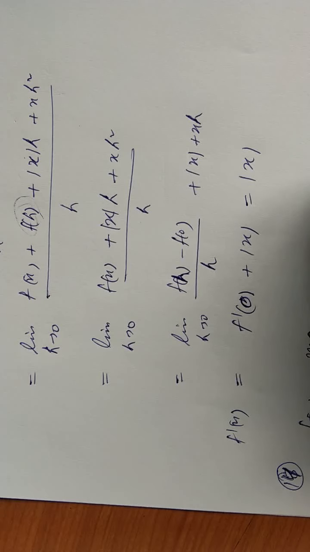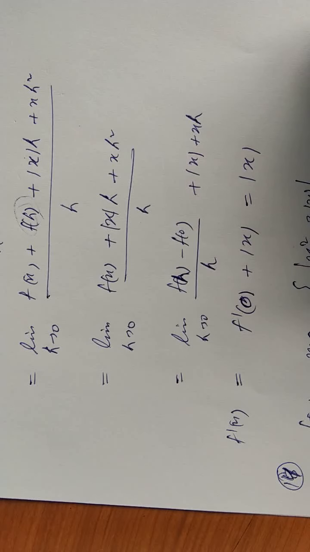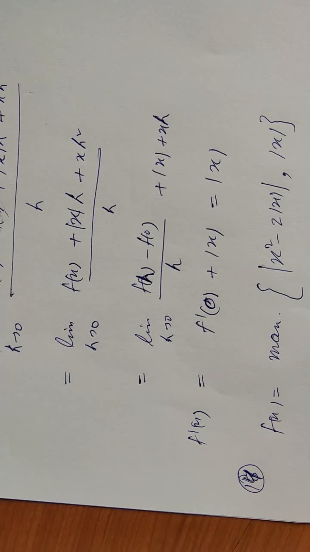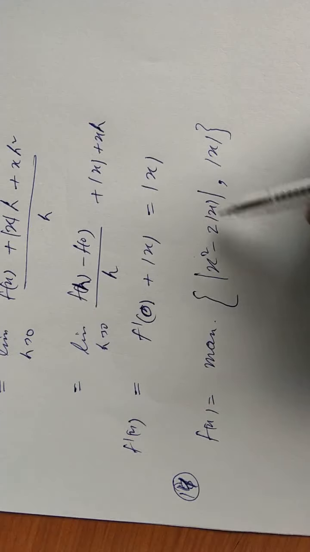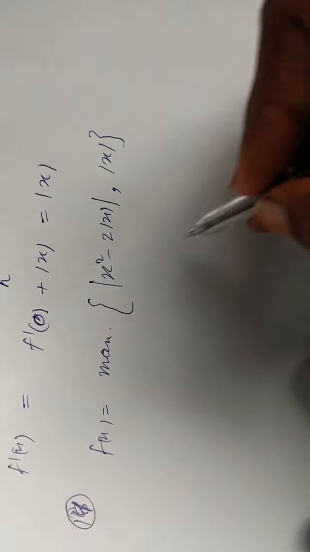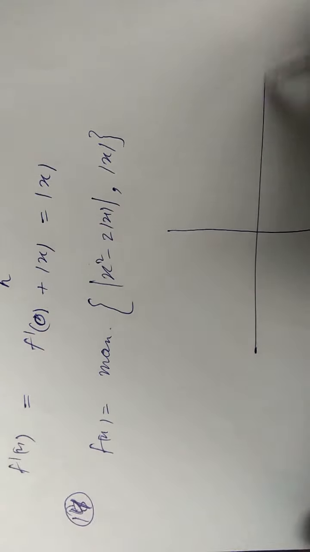f(x) is equal to the maximum of x square minus 2 mod x, and mod of x, and g(x) is the minimum of these. Okay, so let's draw the graph for this. This is a parabola and this is a very nice graph, mod x.